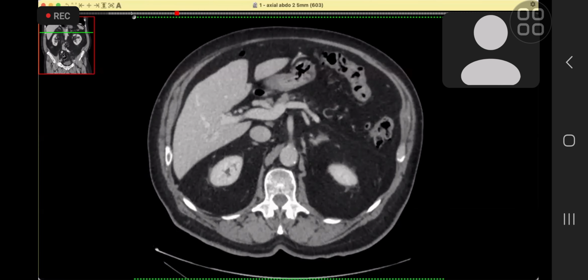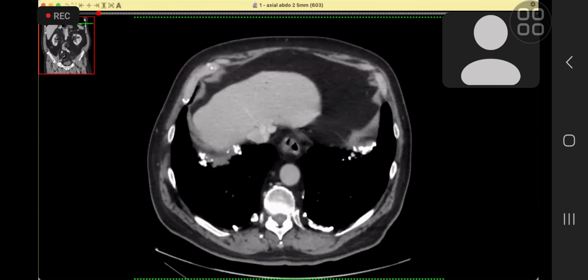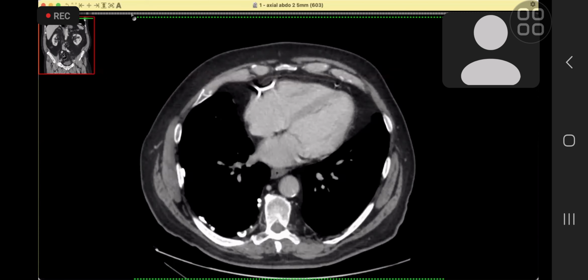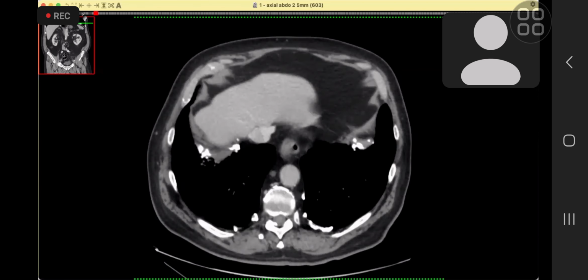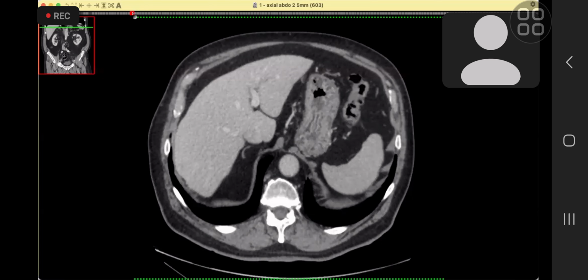So I'm presented with axial slices of the CT abdomen pelvis with contrast for this adult patient. Just going to take a moment to review the images.